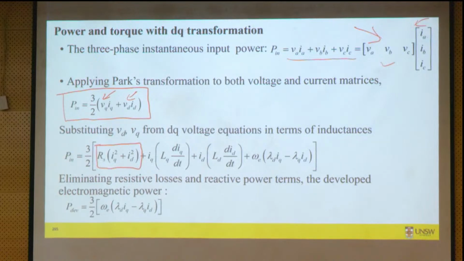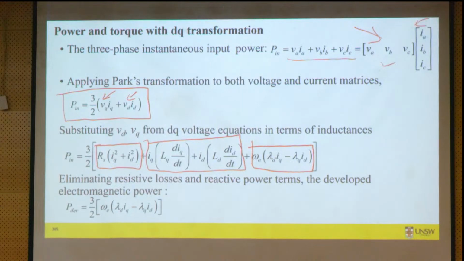I squared R. So it's the resistive loss. The second term is related only to the inductances, right? LD and LQ. So this power is actually your reactive power in the machine. Okay, this is the reactive power. The third term is actually the real power.